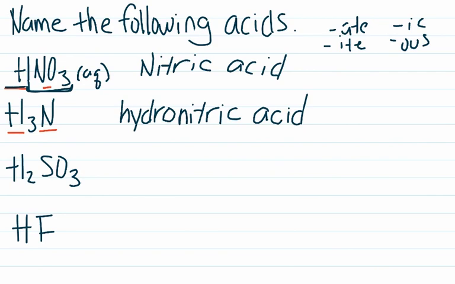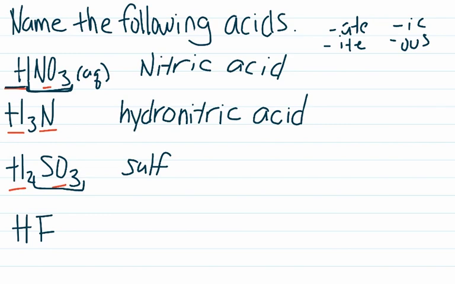Let's look at our next one. So we know it's an acid because it starts with H, and it contains oxygen, which makes it an oxy acid, which means we start right in with the base name of this polyatomic ion. So we'll start with sulf. Now SO3 is sulfite, SO4 is sulfate.